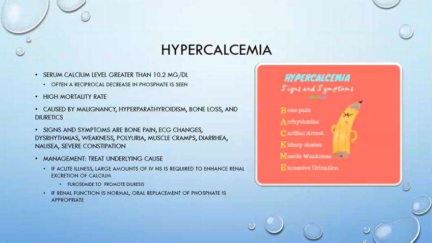Give them that to help their kidneys, basically kick them into high gear to pee a lot. If their renal function is normal, we can try oral replacement of phosphate to try and counteract that. But these patients, again, the cardiac arrest is a big risk for these patients.